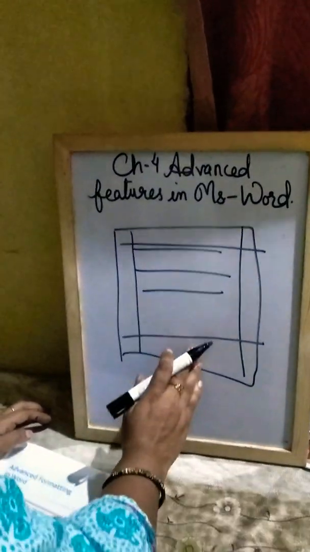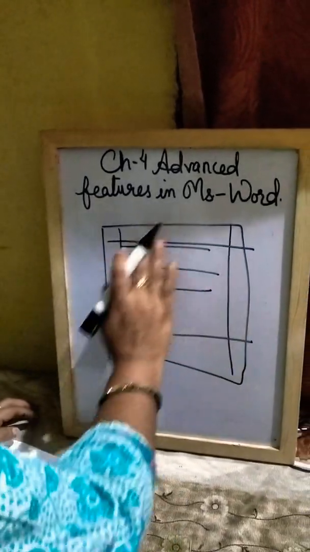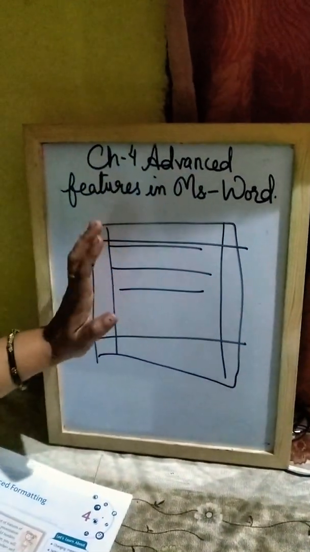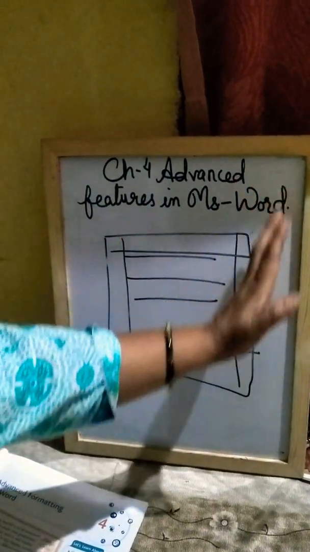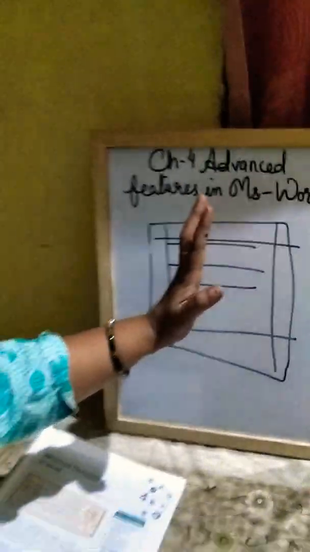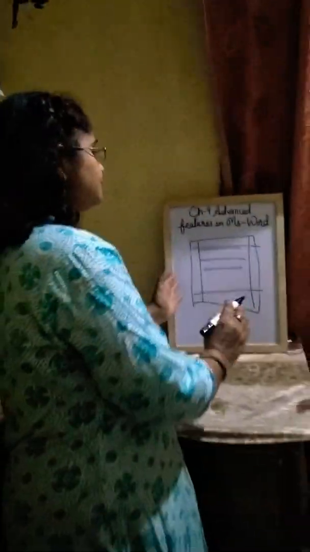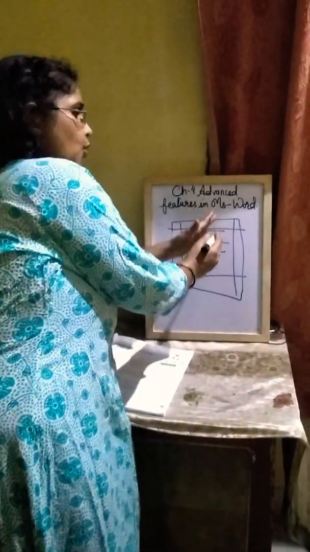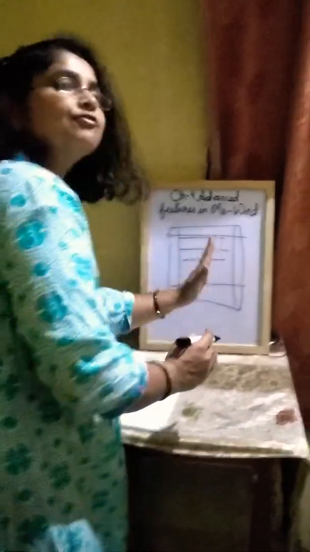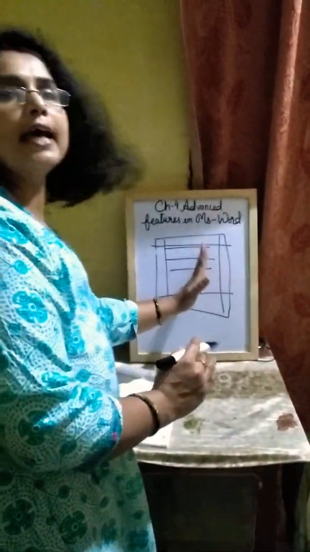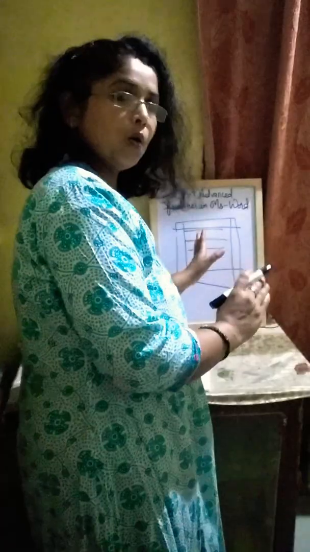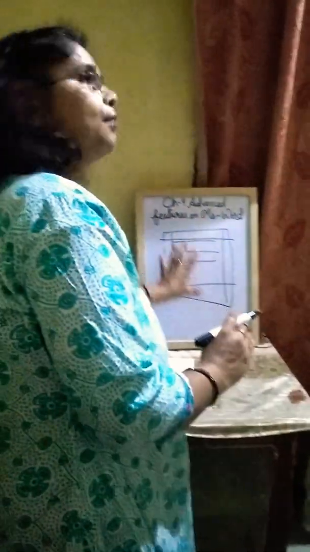You don't write outside them. You write between the margins you have made for your notebook. So these are the top, bottom, left and right margins, and you write in between the margins. Okay children, now this is the margin.